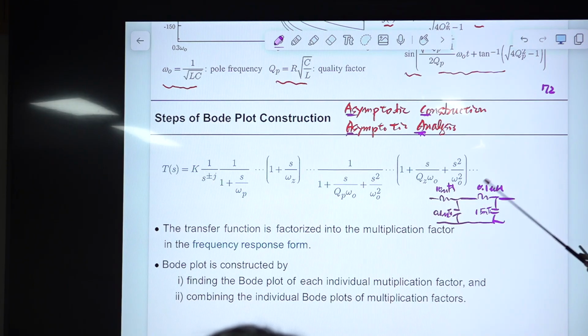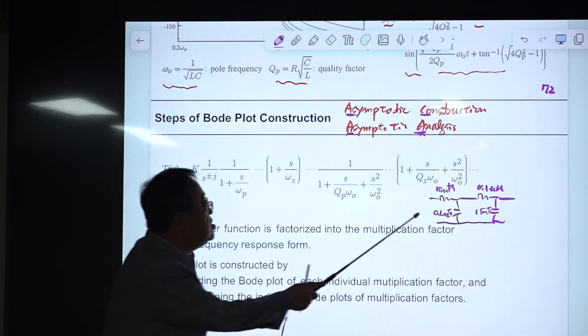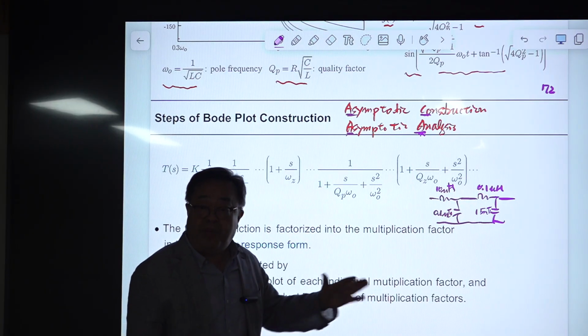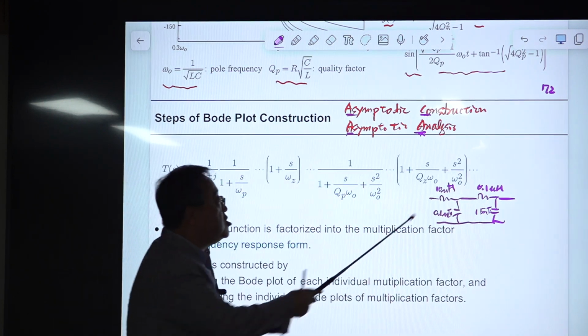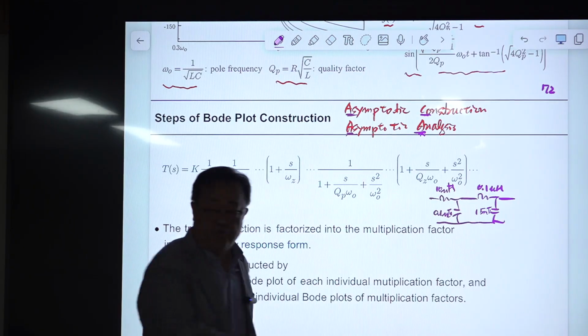So this element and this element combine together to form the first double pole here. And these combine. It does not depend on the location of the element. The value is important. So the smaller ones come together, and the larger ones merge together.